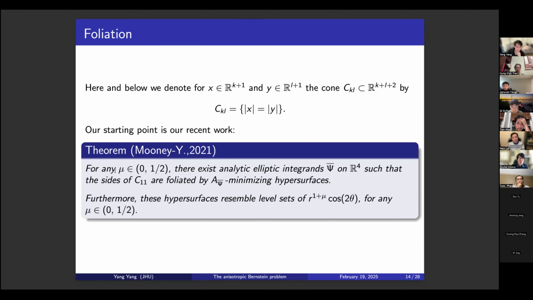What we showed is that for any mu in between 0 and 1/2, we can prove there exists an elliptic integrand F-bar such that on each side of the cone C11 we can build up a foliation by F-bar minimizing hypersurfaces. These hypersurfaces resemble the level sets of a 1 plus mu homogeneous function.